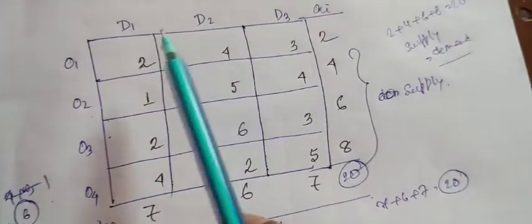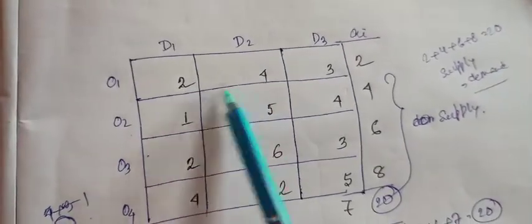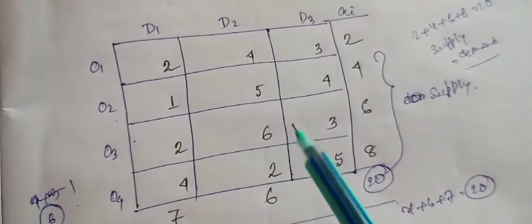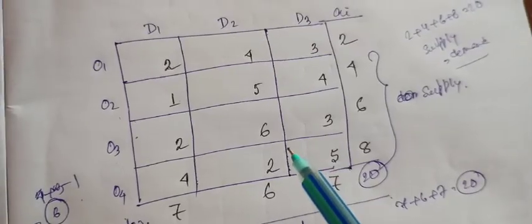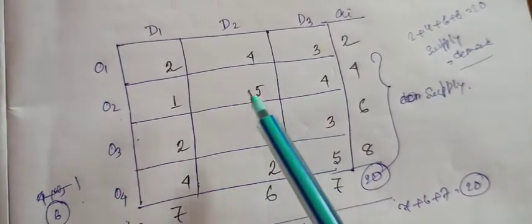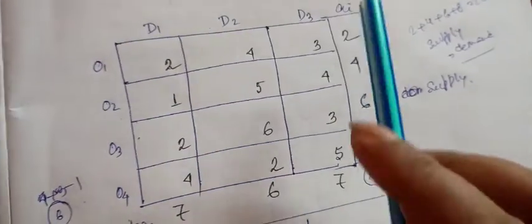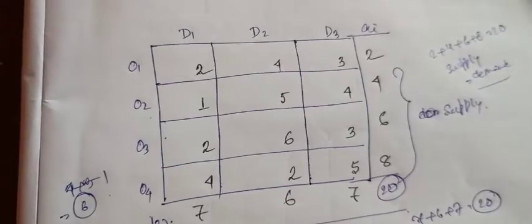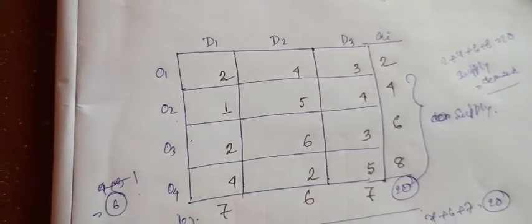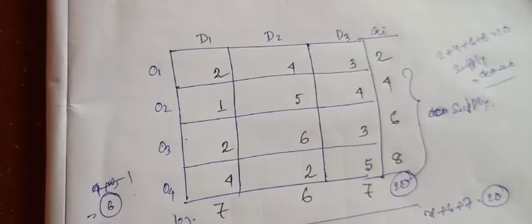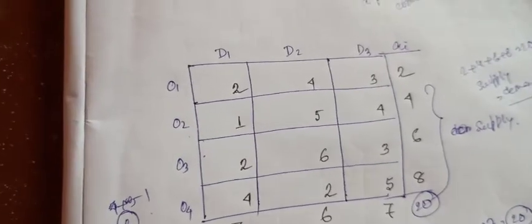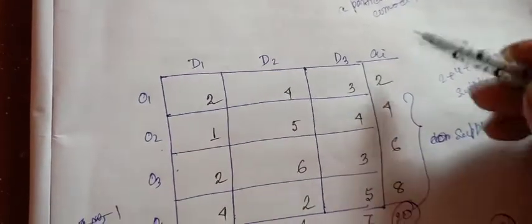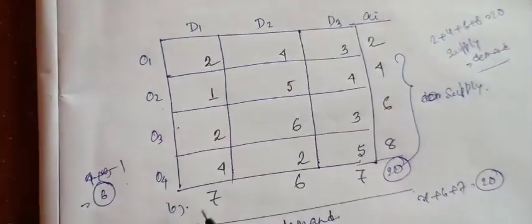The values 2, 4, 3, 1, 5, 4, 2, 6, 3 and 4, 2, 5 are the costs, and that's why this matrix is known as the cost matrix. Now, how can we find the solution by the matrix minima method? Here these are the supply and these are the demands.